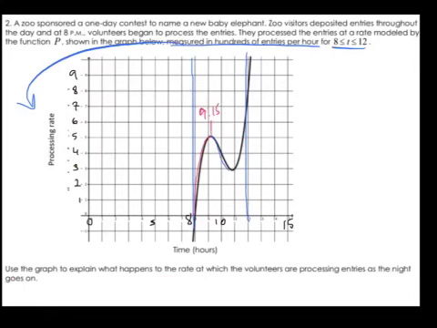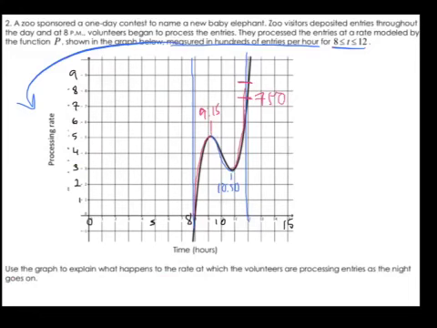It's decreasing from 9:15 till about 10:50. And then their rate is continually increasing up until midnight, which we decided was right here.